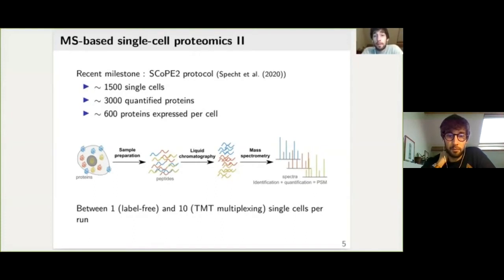The spectra are then matched to a reference database to retrieve the peptide sequence. When a spectrum is effectively matched, we call it a peptide-to-spectrum match, and it can be quantified based on the signal intensity. I should tell you here that due to the current technical limitations, at most 10 single cells can be acquired per run. We'll see the implication of this later.